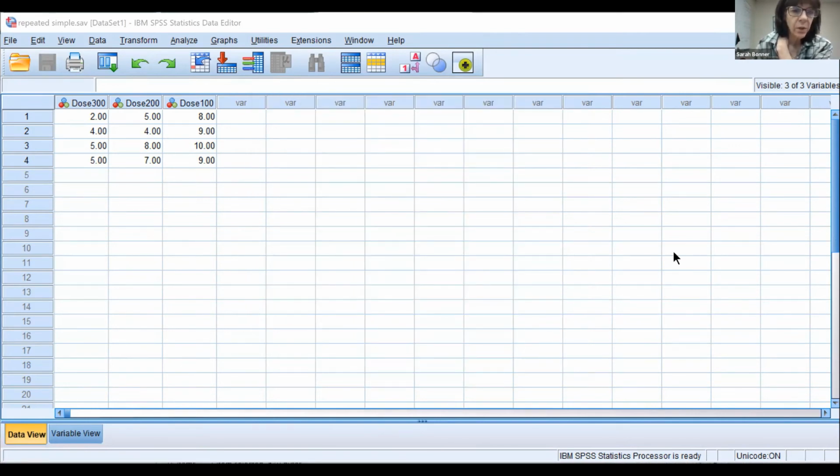Here's what is included in the analysis. Here are our descriptives. You will remember these are the dosage levels and the associated pain levels we saw before. This is the overall F-test.